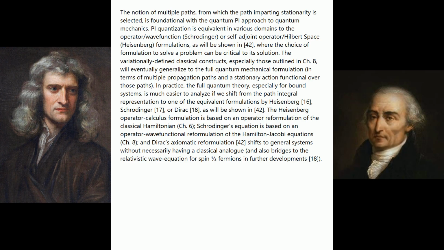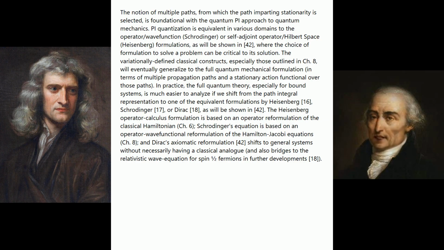The variationally defined classical constructs, especially those outlined in Chapter 8, will eventually generalize to the full quantum mechanical formulation, in terms of multiple propagation paths and a stationary action functional over those paths. In practice, the full quantum theory, especially for bound systems, is much easier to analyze if we shift from the path integral representation to one of the equivalent formulations by Heisenberg, Schrödinger, or Dirac, as will be shown in.